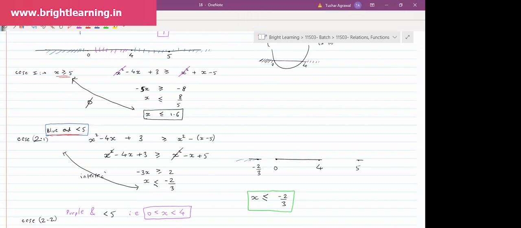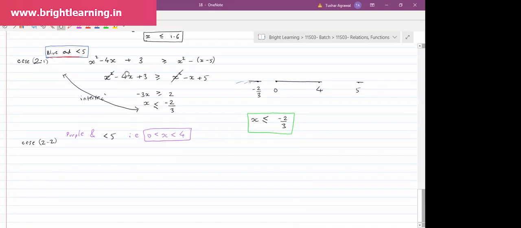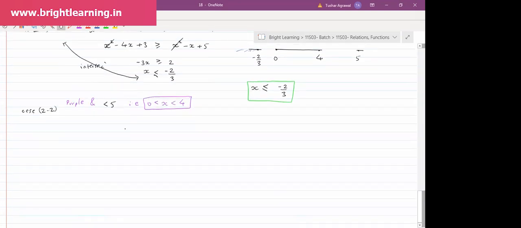Okay. So for that matter, the LHS is, so modulus of x square minus 4x in that case will be negative. So negative x square plus 4x plus 3 is there, and I want this greater than or equal to x square.